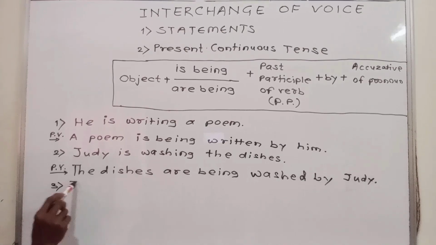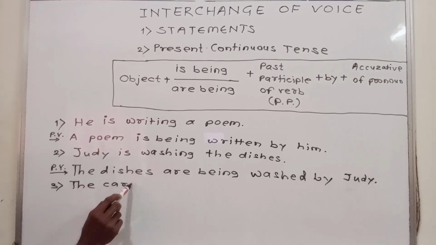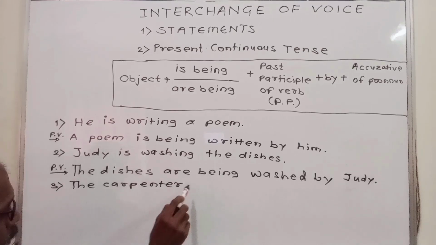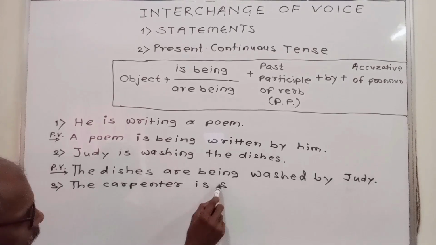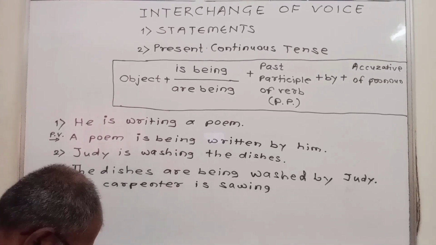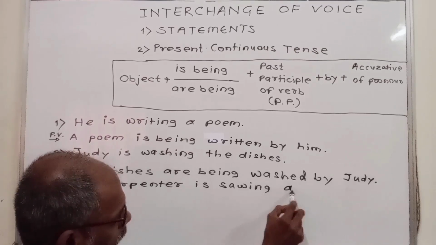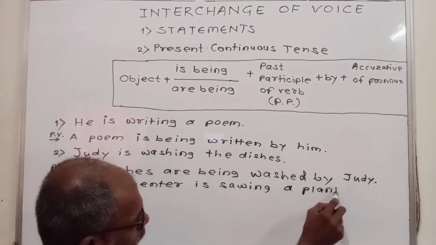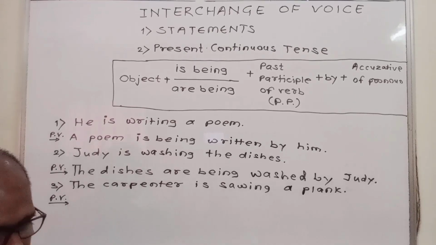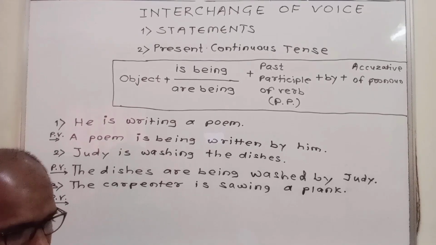The carpenter is sawing a plank. Now we convert to passive. The carpenter is the subject, is sawing the verb, a plank the object.